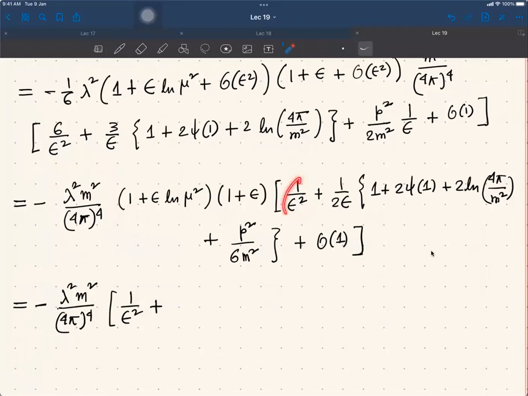So 1 over epsilon square can multiply 1 with this term, that will be log μ square. And similarly, you can take 1 over epsilon square times epsilon times 1. That will give you a 1 over epsilon times 1.